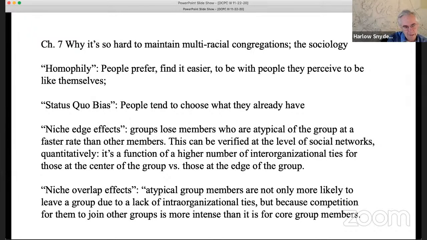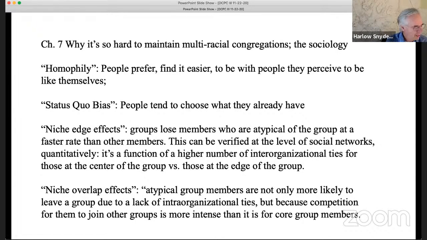They spent some time talking about why it is so hard sociologically to maintain a mixed race congregation. So let's say you wanted to have, as a solution to the racialization of American society, you said, okay, racially homogeneous congregations are part of the problem, and we are going to work really hard to found an interracial congregation. Why is that hard? Why are such experiments hard to maintain?